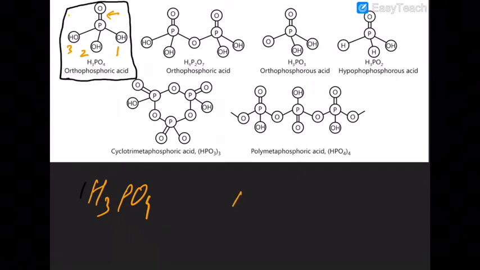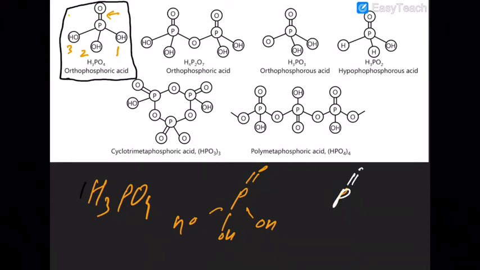Then from two molecules of phosphoric acid, if you remove one water molecule here, what you are able to get?